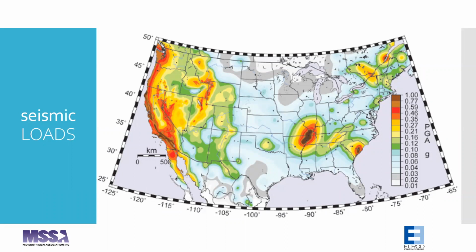reactions are. We're well aware of how active California is, that big red and brown area over there. But don't forget, in the fall of 2020, actually just a few weeks before I was giving one of these webinar presentations, there was a 5.1 magnitude earthquake on the Virginia-North Carolina border.